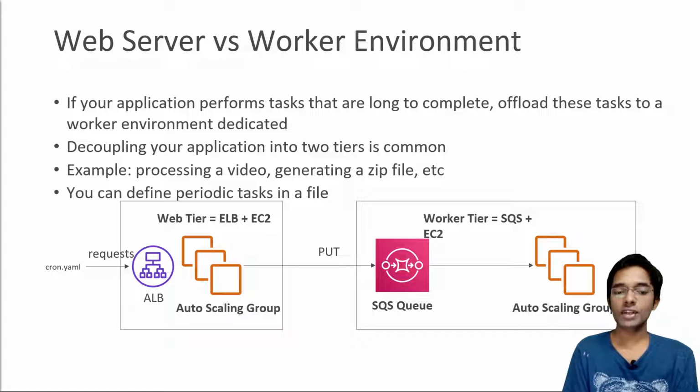And the idea is that if the web tier has some task that is long to complete, then it would put this task into the SQS queue, and your auto scaling group will automatically process these tasks. So this is a classic architecture, and the good thing is that both of these tiers can be managed by Elastic Beanstalk.